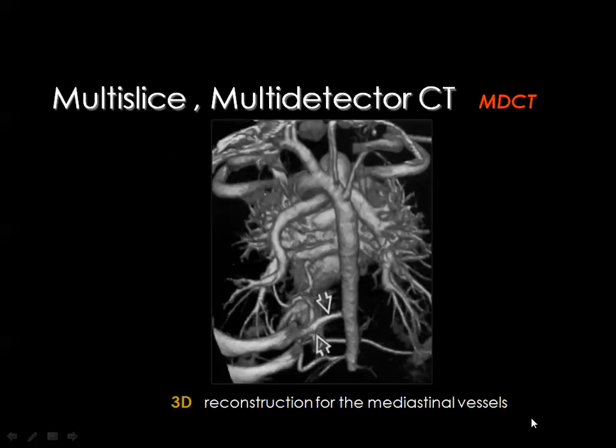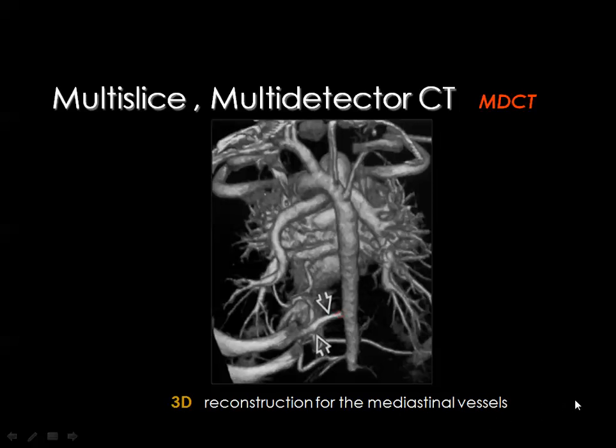in a simple, non-invasive way. Also, you know that for the diagnosis of sequestrated lung segment, you need to see a vessel coming from the aorta to the suspected sequestrated area.